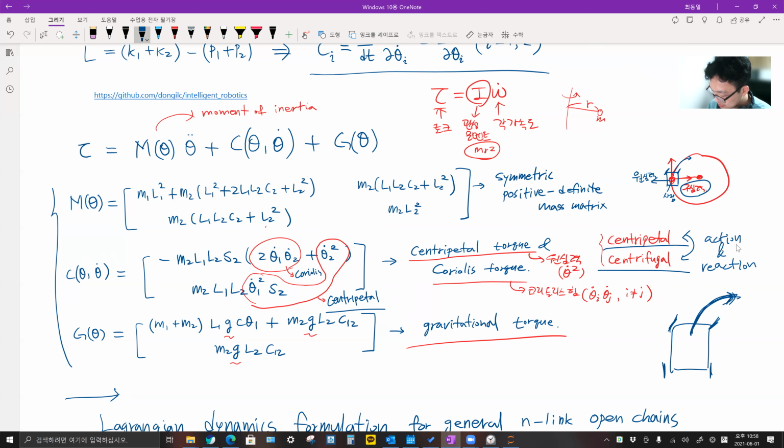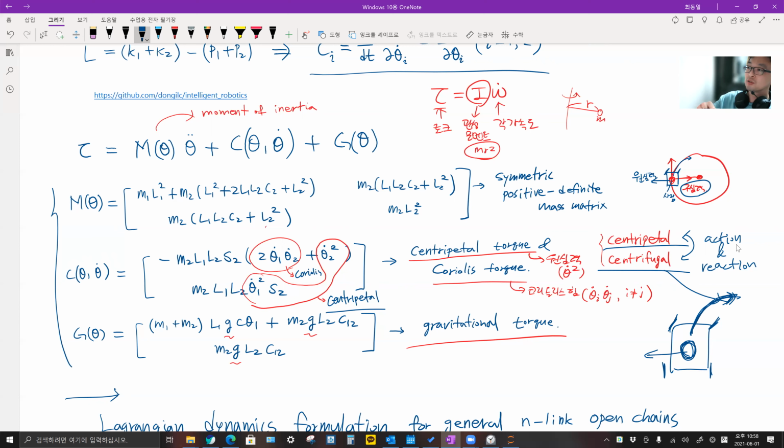So this one is centripetal. In this case, the person inside the car feels this kind of acceleration.